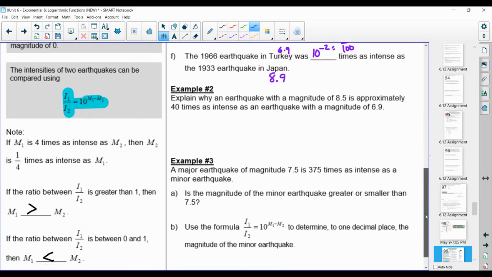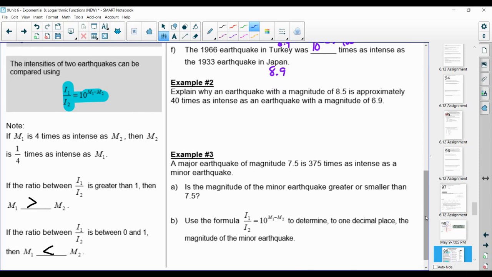So the first question we're asked here is to explain why an earthquake with a magnitude of 8.5 is approximately 40 times as intense as an earthquake with a magnitude of 6.9. Well, we're going to use this formula here: I1 over I2 equals 10 to the M1 minus M2. So we're looking for the intensity.